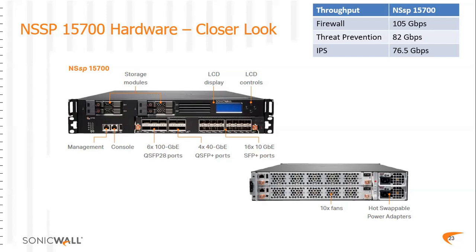They have 10 fans and 2 hot swappable power adapters. They provide firewall throughput up to 105 GB, threat prevention up to 82 GB, and IPS up to 76.